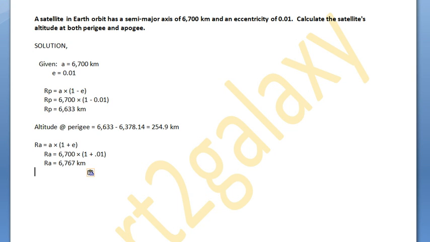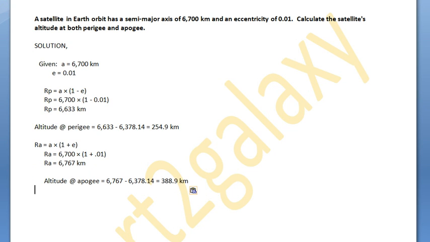Similarly, we will calculate the radius of apogee. Remember, apogee is the farthest distance, so in this case we are going to add the eccentricity to 1. So the radius of apogee is a × (1 + e). Substituting the values, we get the radius of apogee as 6767 km.